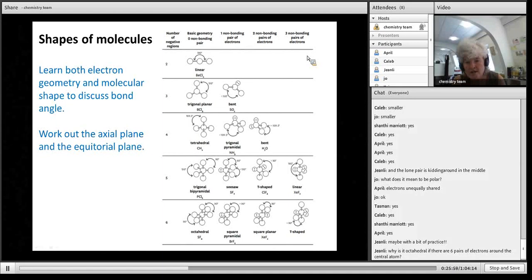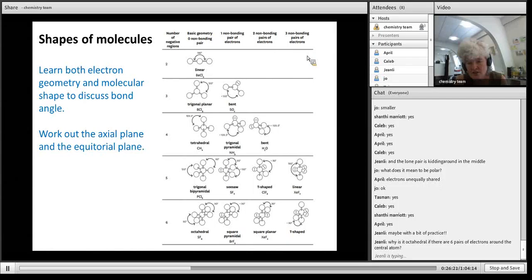John Lee, why is it octahedral if there are 6 pairs of electrons? Because that actually has 8 facets around it. If you think of your octahedral shape and you count the number of surface planes, all the triangles around it, you'll find there are 8. And that's where the octahedral comes from.